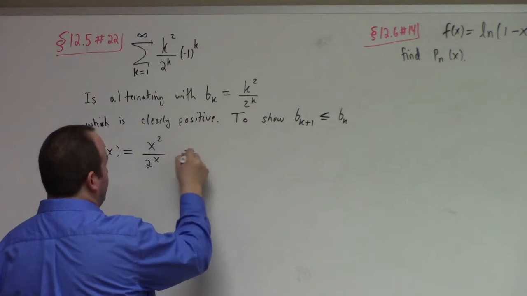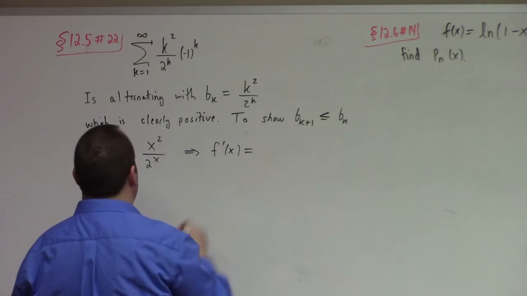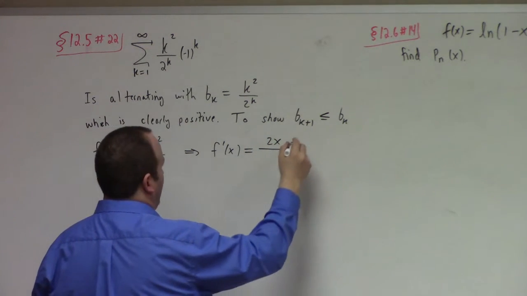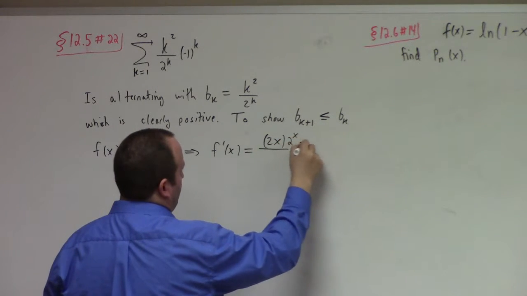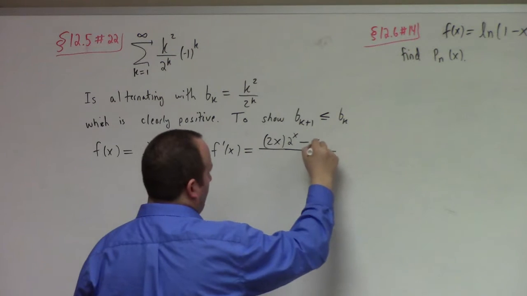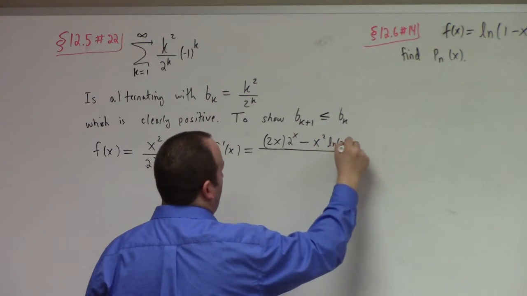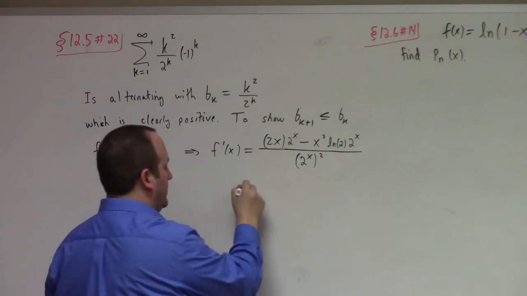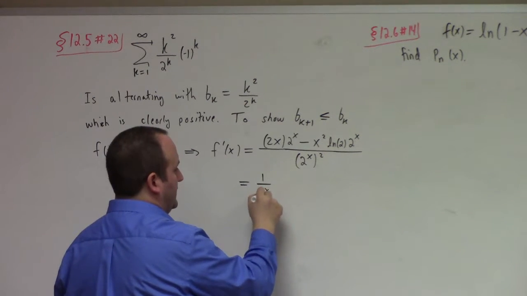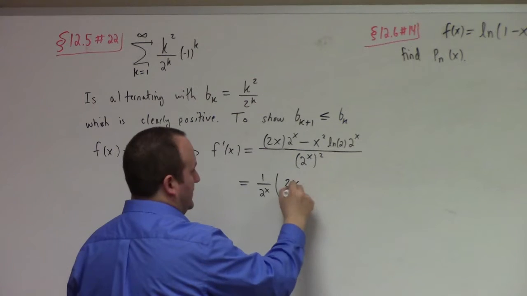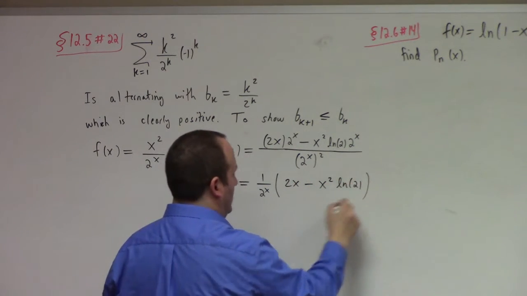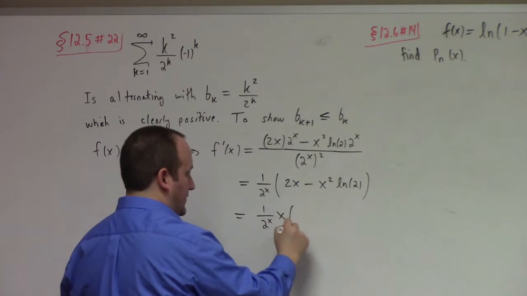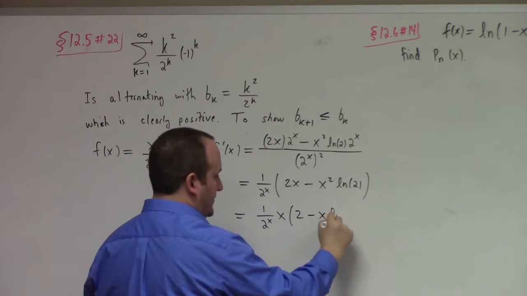What's f prime of x? 2x times 2^x minus x squared times 2^x ln 2 over the square of 2^x. So this is 1 over 2^x times x times 2 minus x ln 2.